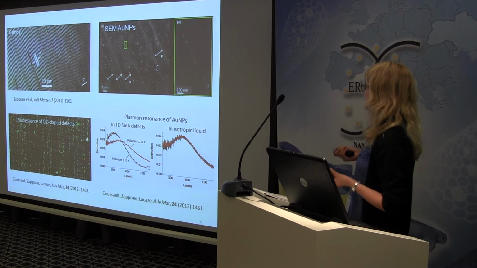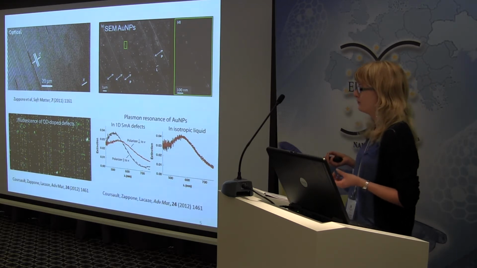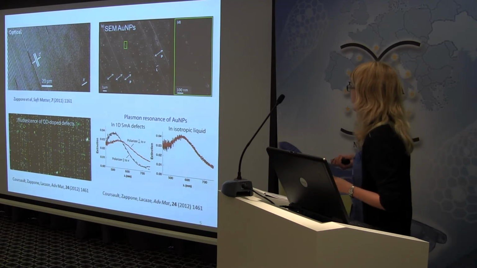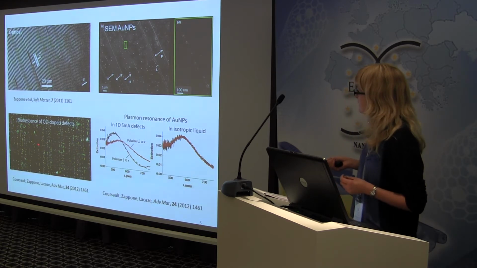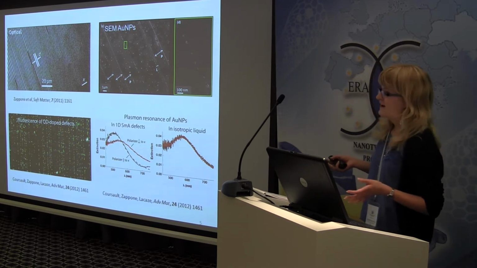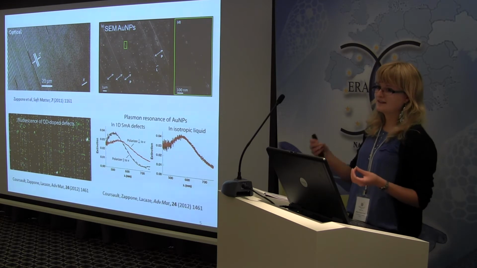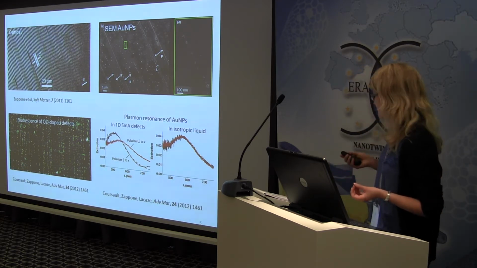And as was shown, linear defects can also work as a trap for quantum dots and for nanoparticles. As you can see from the fluorescence of quantum dots, they can guide quantum dots in a way that they produce very straight, very nice channels.